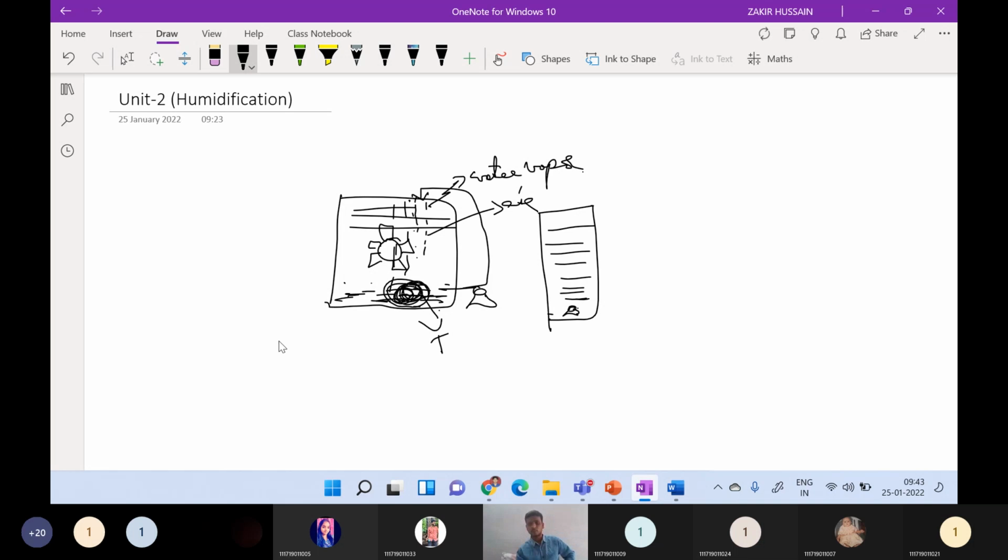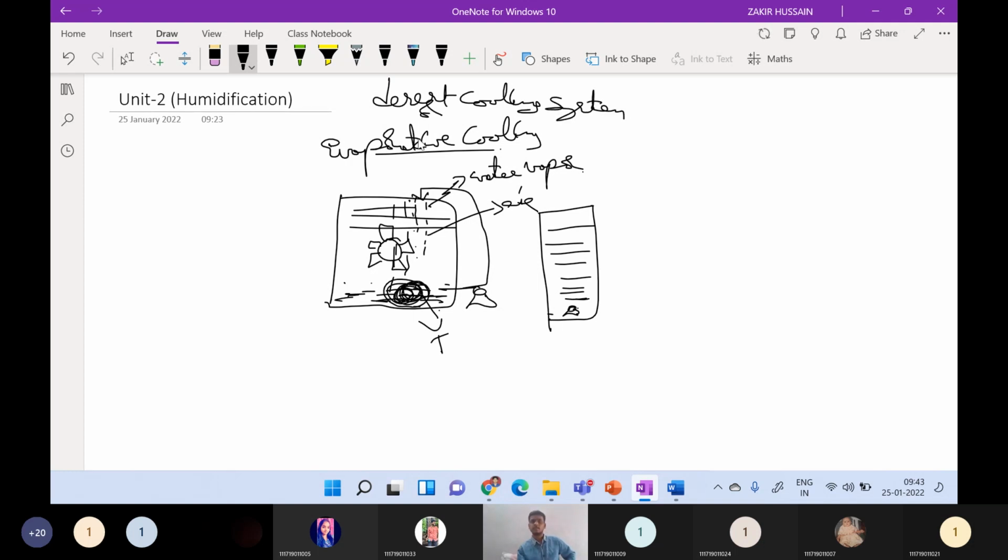If this water has a low temperature, we will get a low or cooling temperature. So this is called evaporative cooling, or we can say this is a desert cooling system or desert cooler. So this is the example for humidification with cooling.